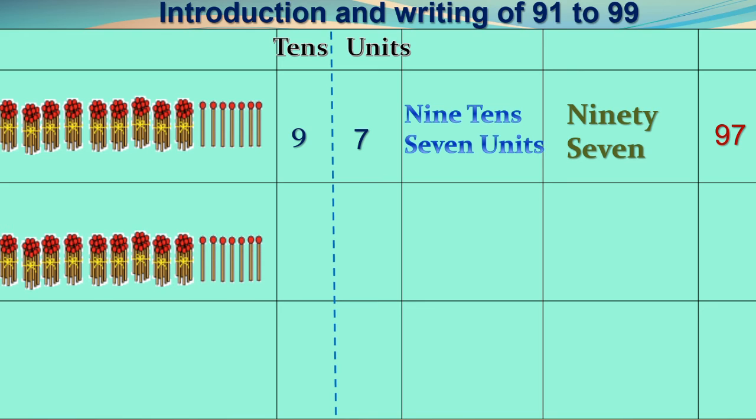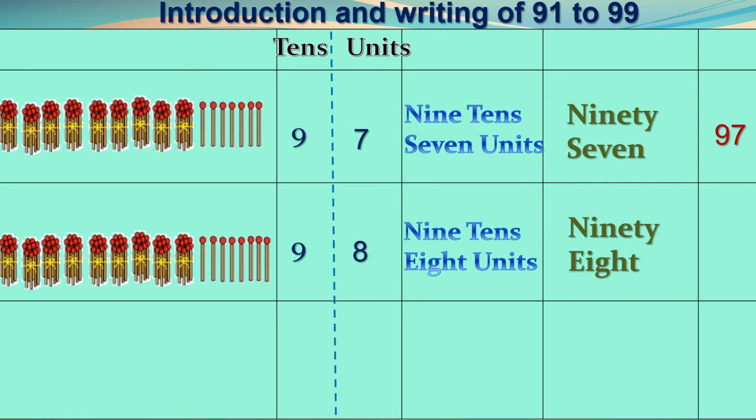Next is adding one more matchstick to 97. So we got 9 tens, that is as it is, and 8 units. And our number is 98. In the numerals, 90 and 8.